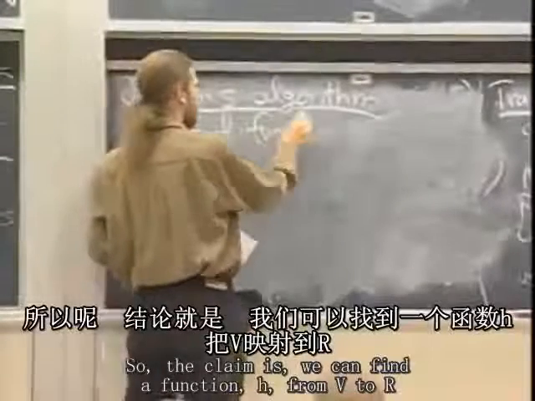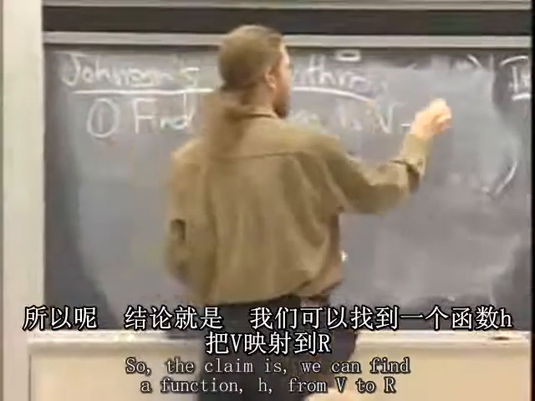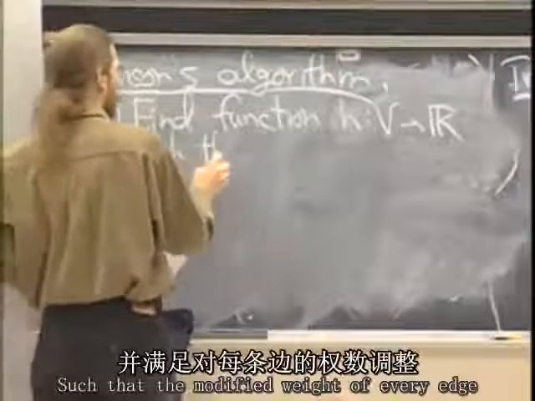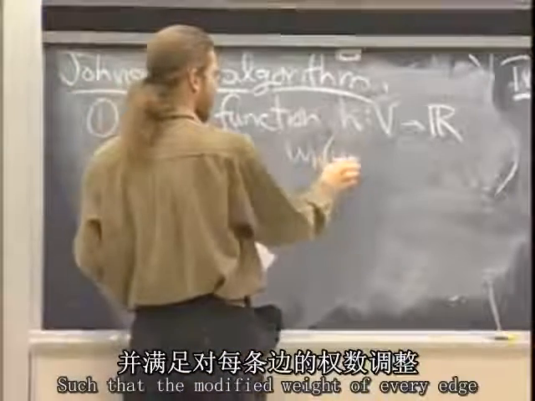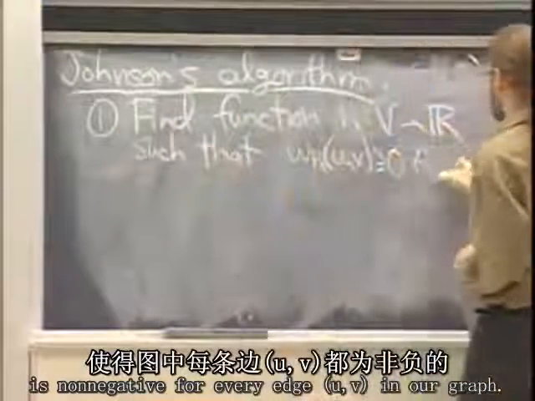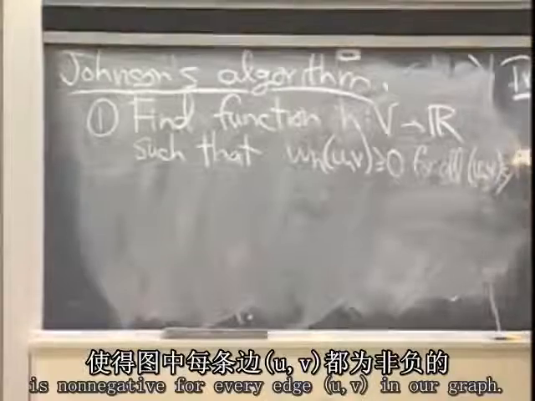So, the claim is we can find a function h from V to R such that the modified weight of every edge is non-negative for every edge uv in our graph.